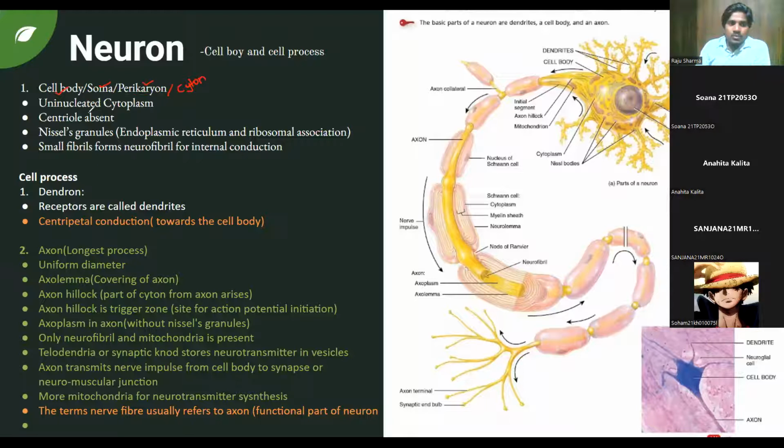ठीक है, so what is special feature of the cell body is that it is uninucleated. It means it has only one nucleus inside it, inside the cytoplasm. Now you can see on the right side of the image, आपको दिख रहा है? So this part is called as the cyton or the cell body.